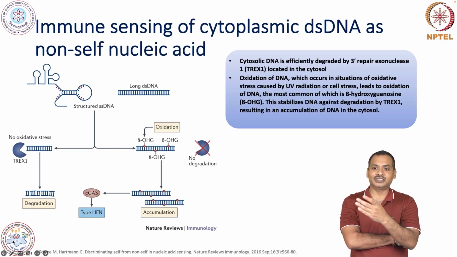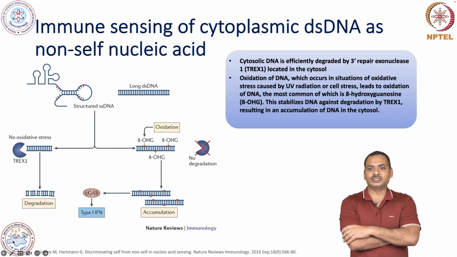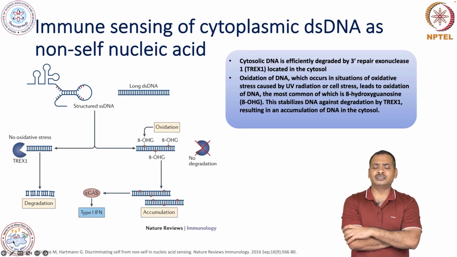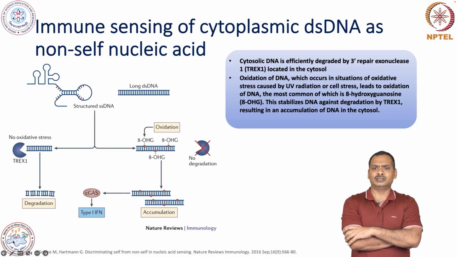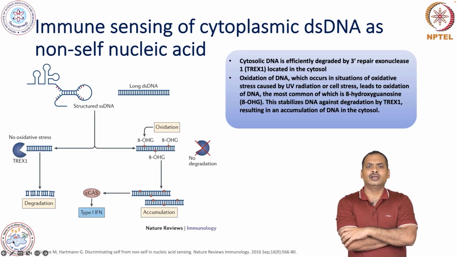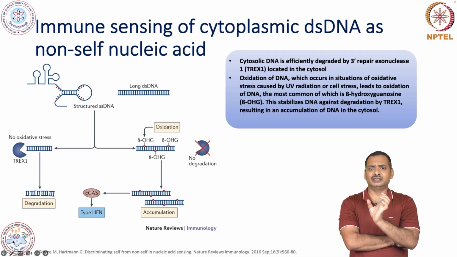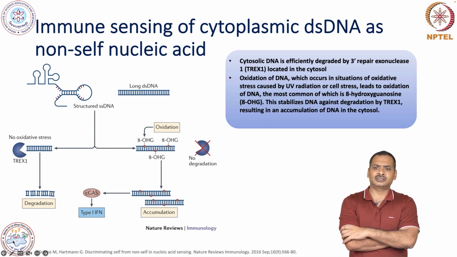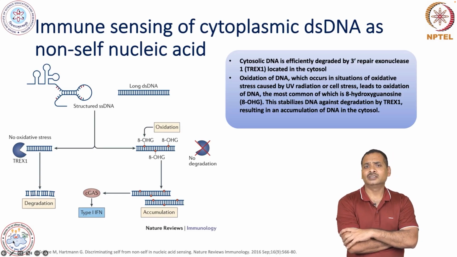But here you can see the DNA also undergoes oxidation, the most common of which is 8-hydroxyguanosine. This oxidation product, 8-hydroxyguanosine, stabilizes the DNA against degradation by TREX1, resulting in accumulation of DNA in the cytoplasm.